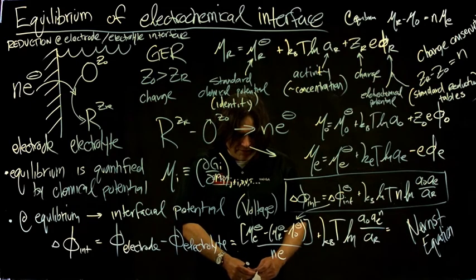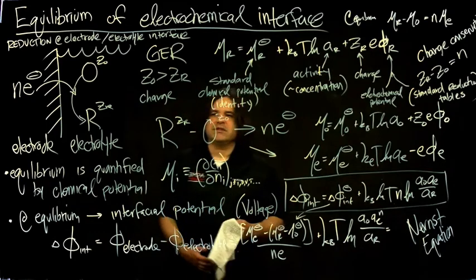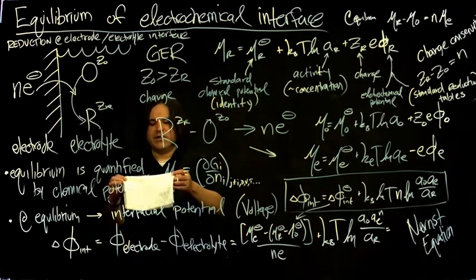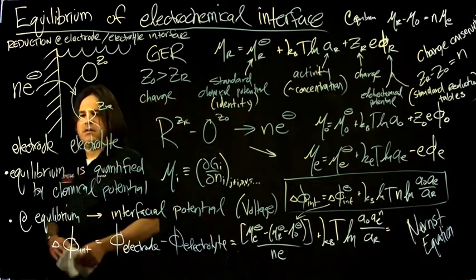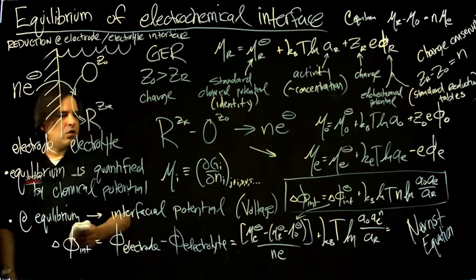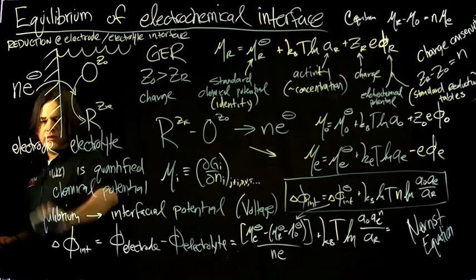So we can apply the similar concept to an electrochemical cell. An electrochemical cell is a pair of electrodes. This is the half cell. The whole electrochemical cell is an anode and a cathode.